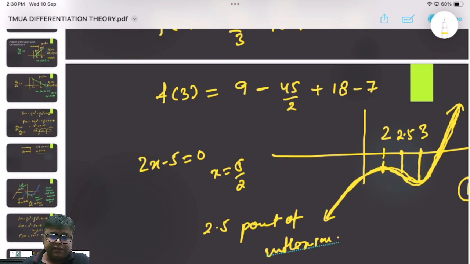So these are the basic things which are required in differentiation: finding the equation of a tangent and normals, checking where the function is increasing or decreasing, and also wherever the function has local minima and local maxima. More importantly, how we draw a curve using this, right?